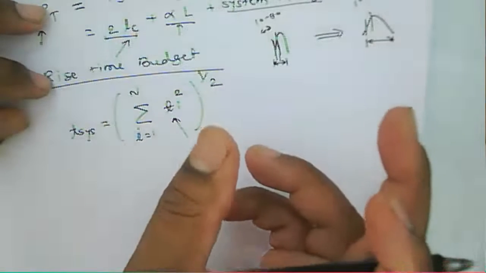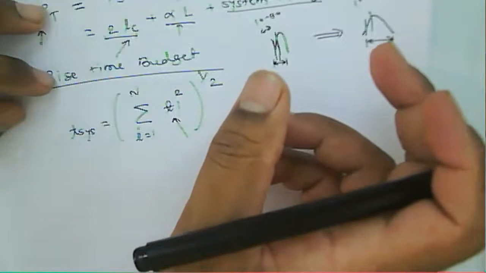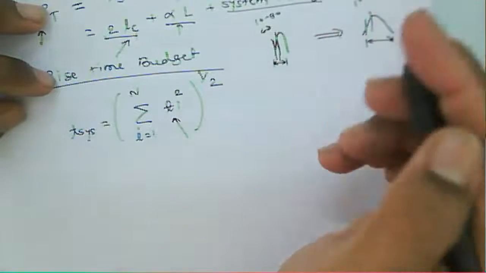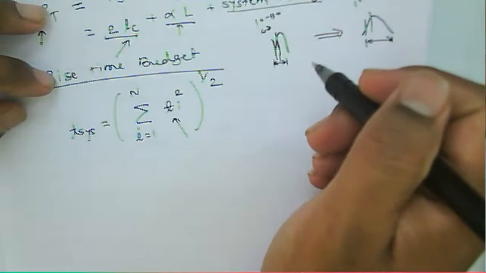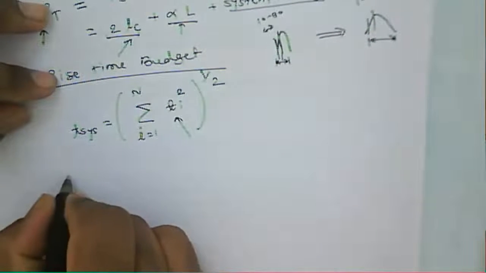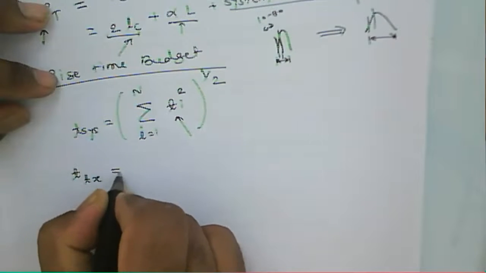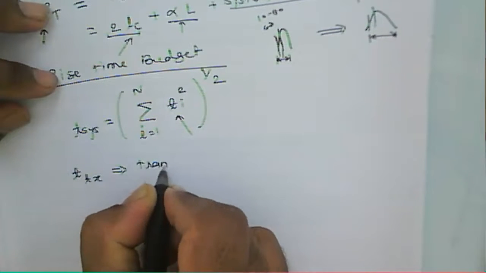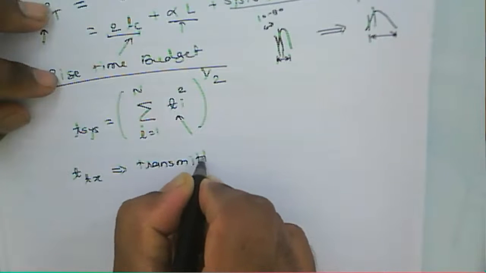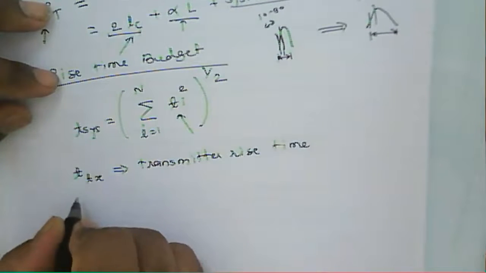We should know the rise time of the transmitter, we say t_TX, the transmitter rise time.